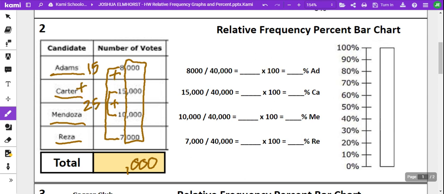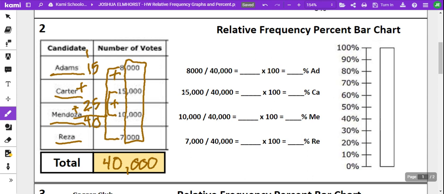So just doing quick combinations. So we had 25 and then 15. So adding that up is going to give us 5 and 5 is 10, 2, 2, 3, 4. So that is a total of 40,000 votes.